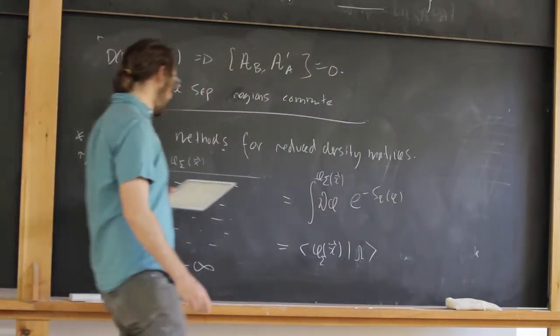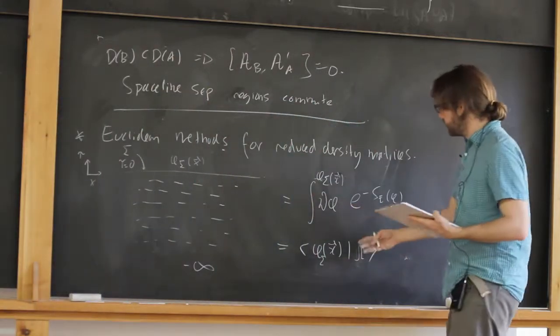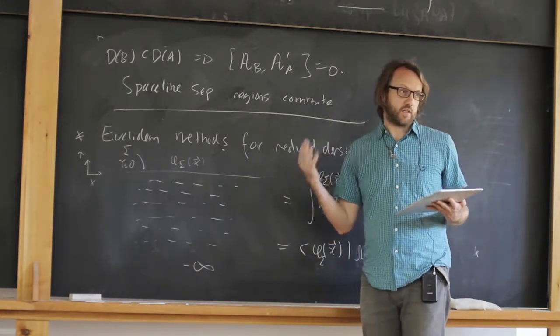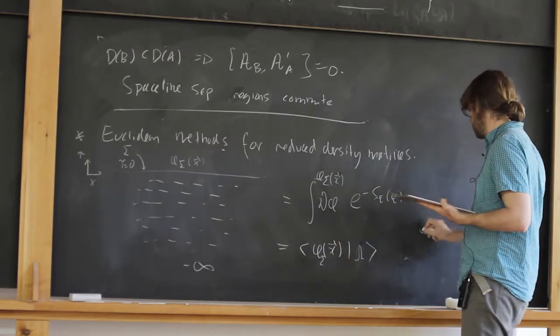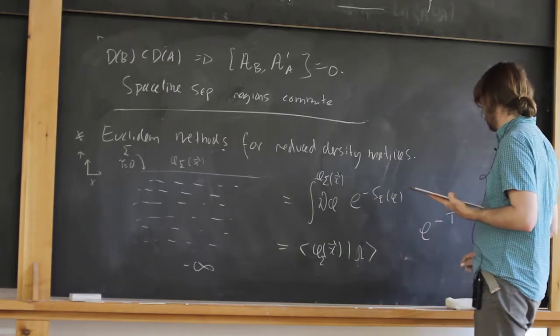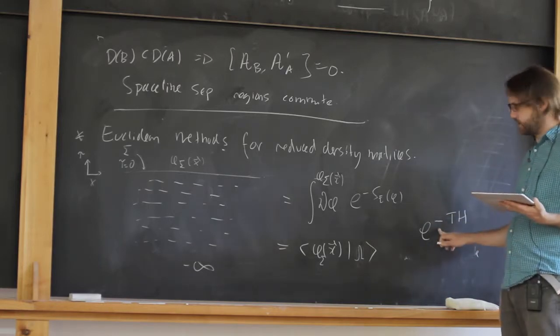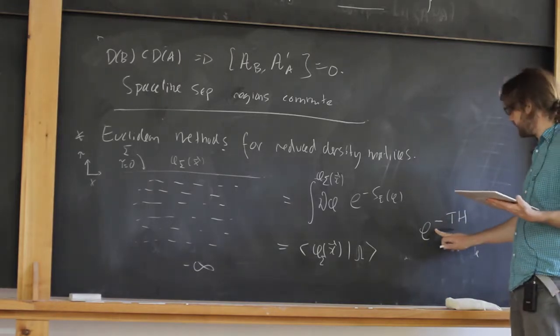And so why does it do that? Well, that's just the fact that if I do a path integral, what I'm secretly computing is a transition amplitude, which is matrix elements of the time evolution of the Hamiltonian, but in this case in imaginary time, so we don't have an i here.